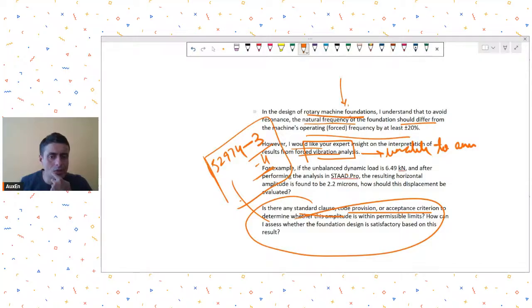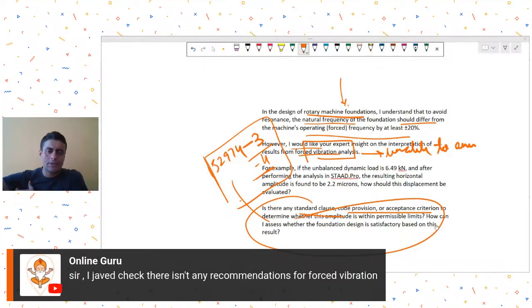About results of forced vibration in STAAD, I don't have a proper answer right now because I have not studied it in detail. Mr. Anukul is saying, I have checked, there isn't any recommendation for forced vibration. Is it? You have checked these two parts, 2974 Part 3, Part 4?